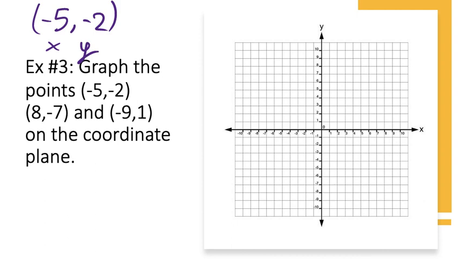So we're going to go negative 5 on the x-axis, and then down 2 on the y-axis because it's negative. So 1 and 2. And there's our point, negative 5, negative 2. And we can even check that. So it hits negative 5 on the x-axis and negative 2 on the y-axis.